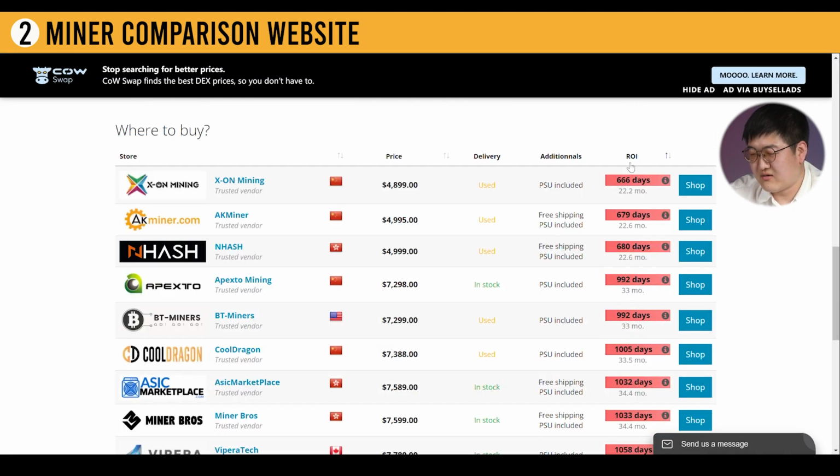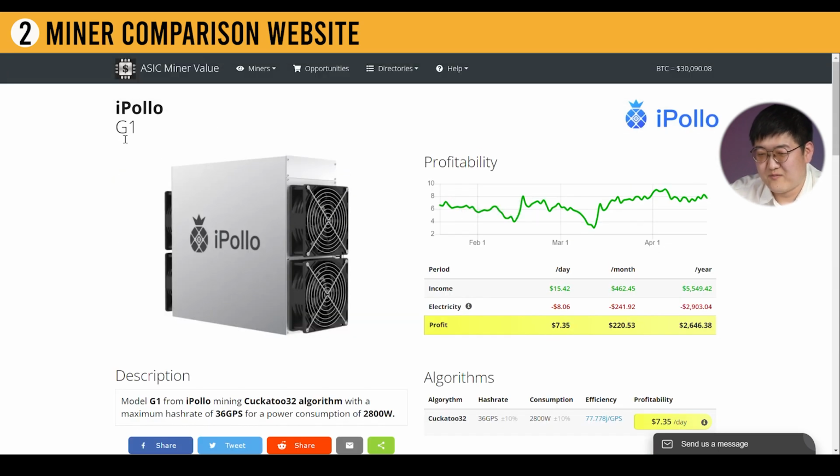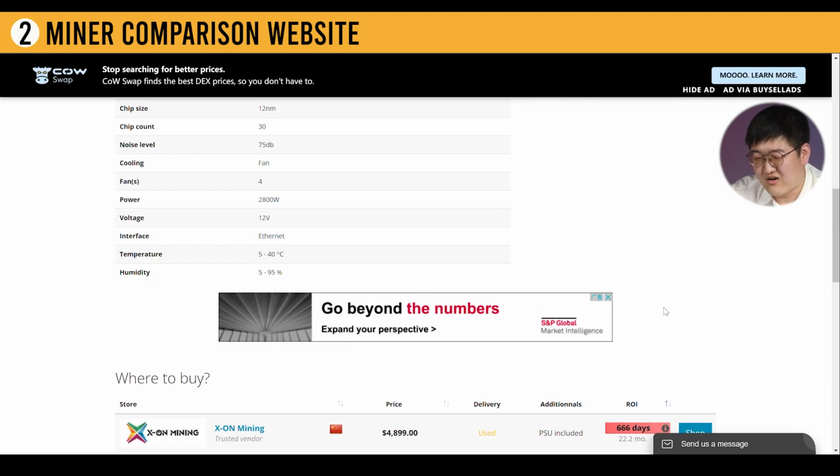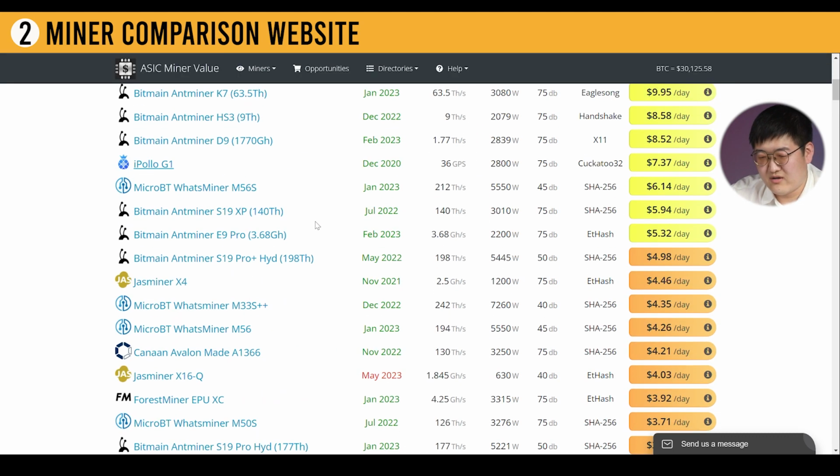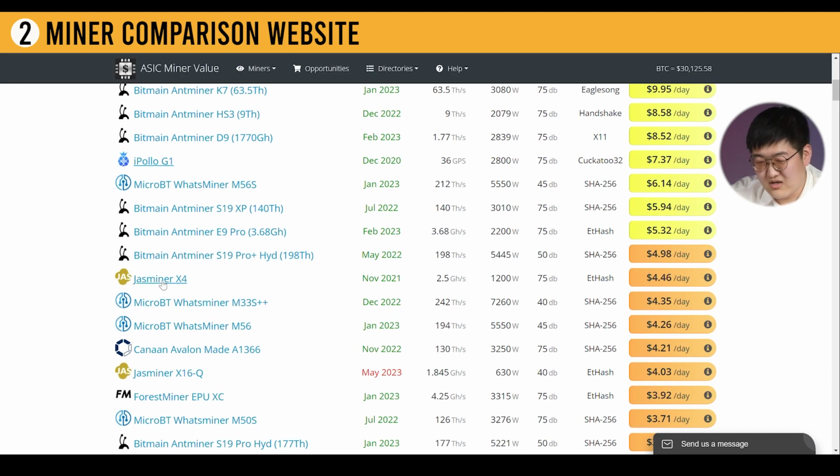But if you scroll down, the ROI is also over a year, around 2 years. So once again, daily mining income is not everything. You have to check the ROI. ROI is the most important feature. Here is basically all the same content for the ranking and the calculation.